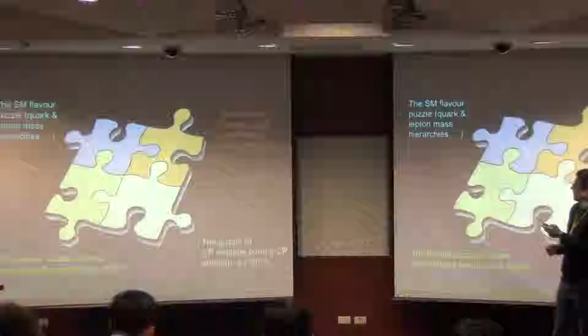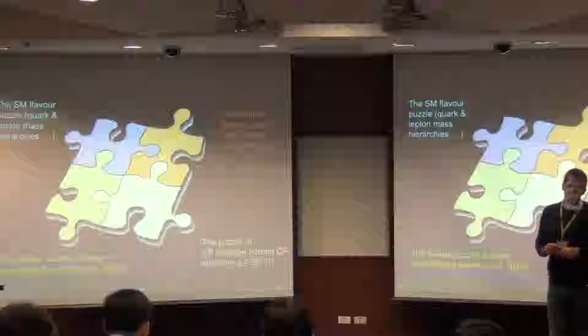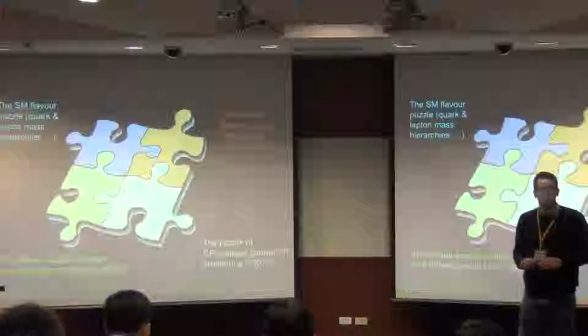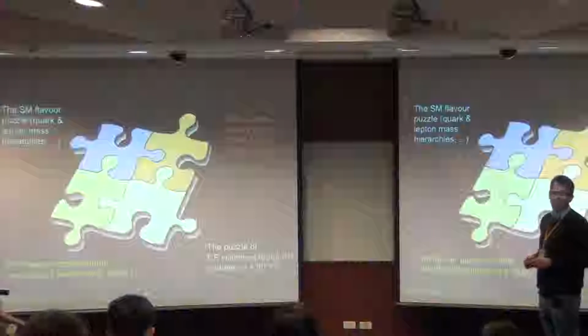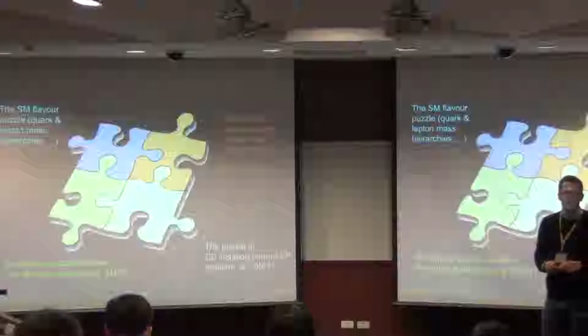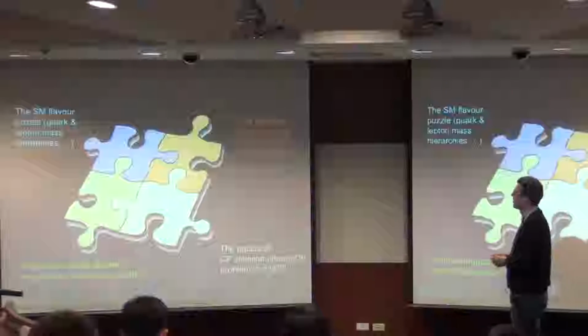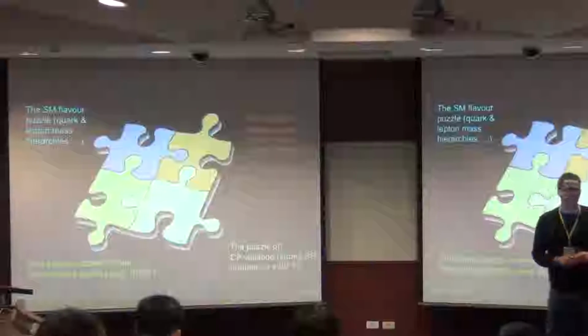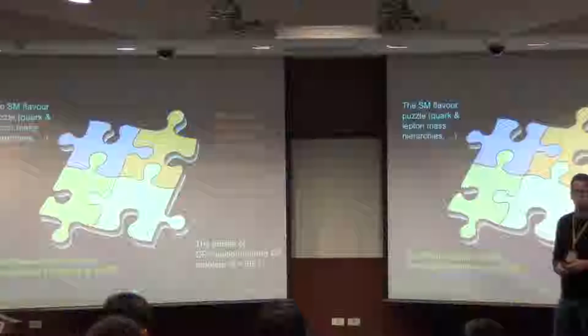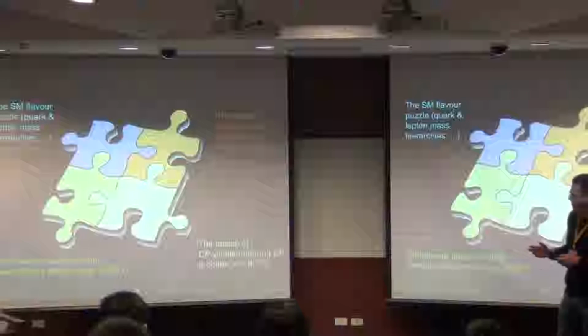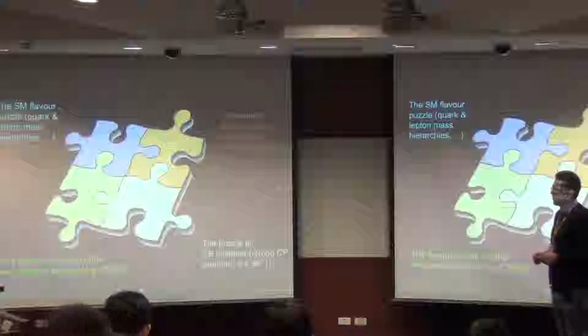Okay, so the flavor puzzle in a sense has various aspects, and here basically four of them. One aspect we may call the standard model flavor puzzle. So this is the question where this hierarchy between the quark and lepton masses comes from, for example. So that's what we also already have without the neutrino masses. The neutrino masses are of course adding certain new aspects to the flavor puzzle.